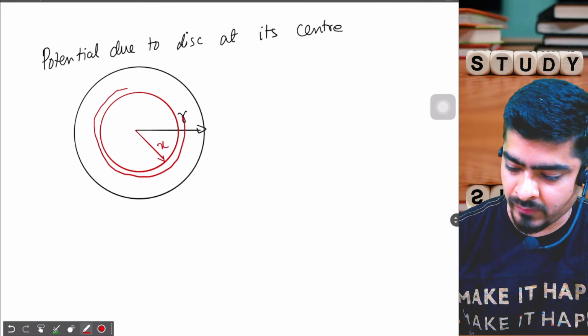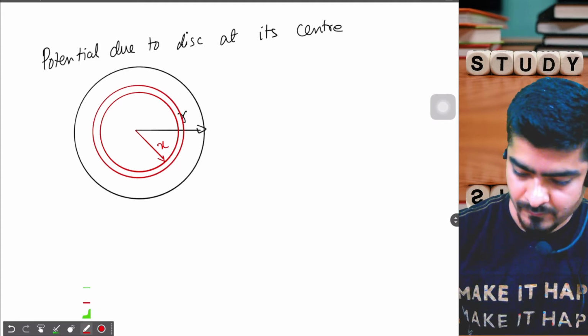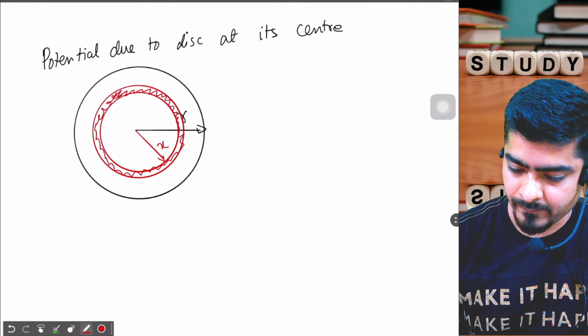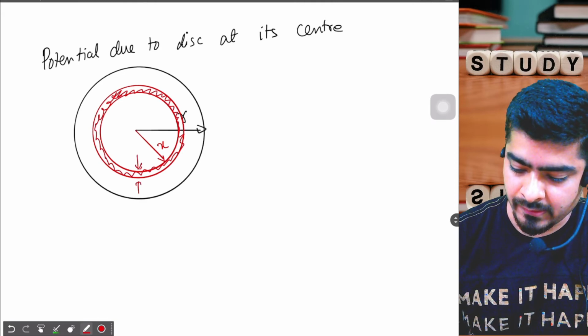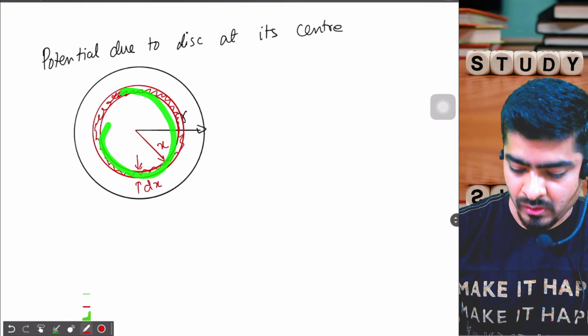So I'll draw one more ring outside this. So this is a thin ring. The thickness of the ring will be dx. So what is the charge on the ring?